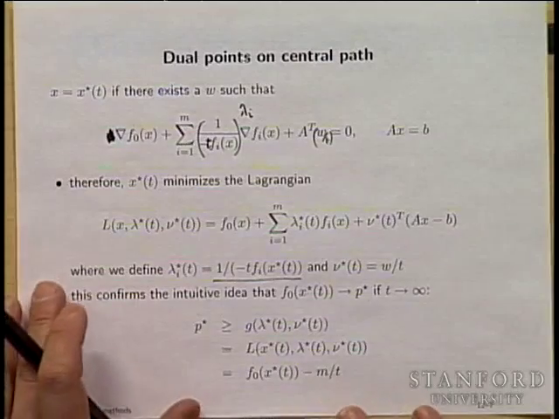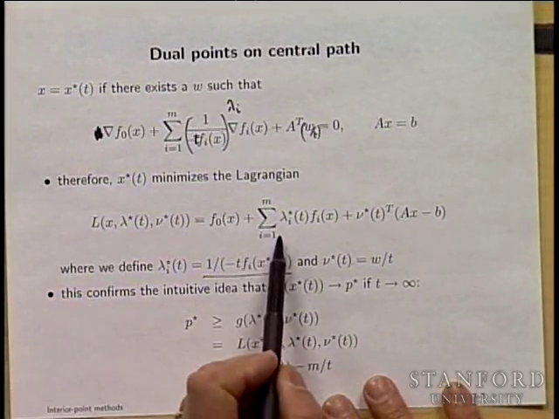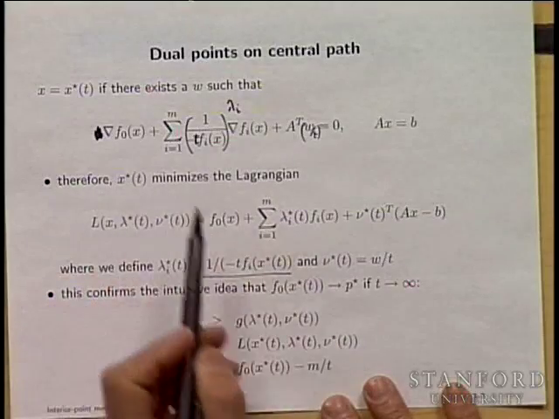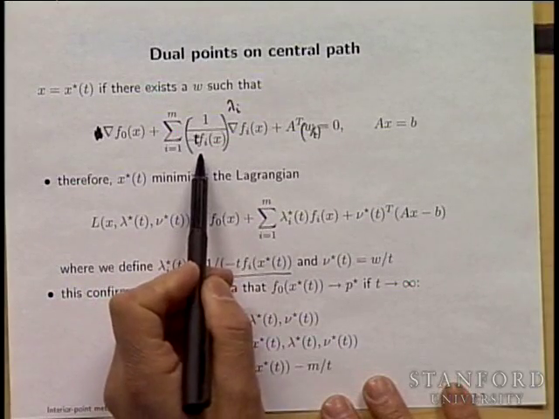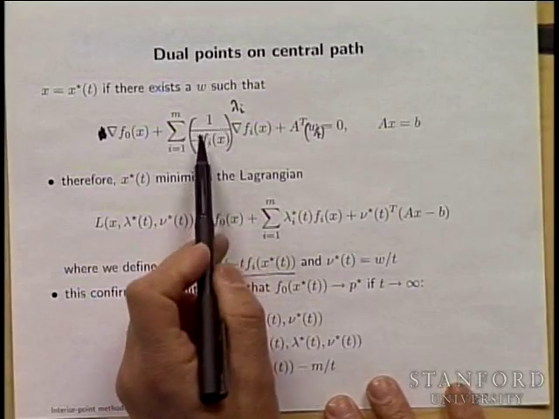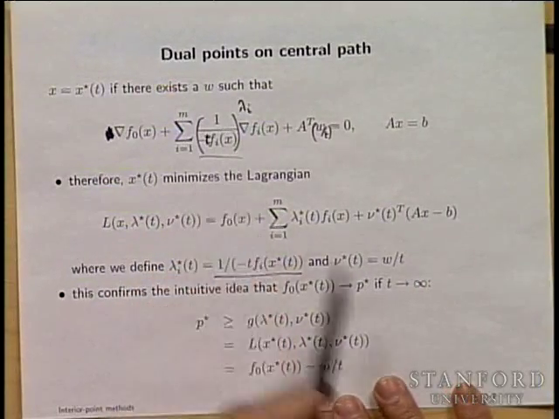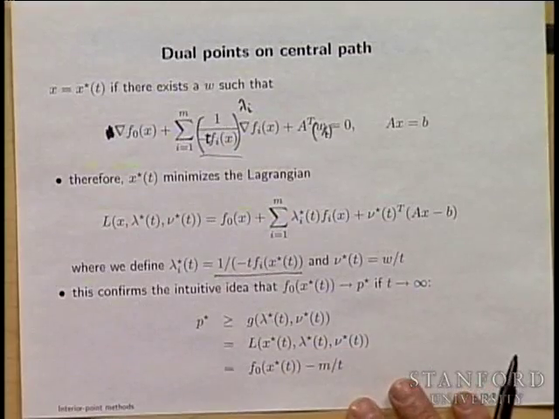When you finish, you define lambda i as minus 1 over t fi of x, like this. That'll be lambda i, and you'll get a dual feasible point.